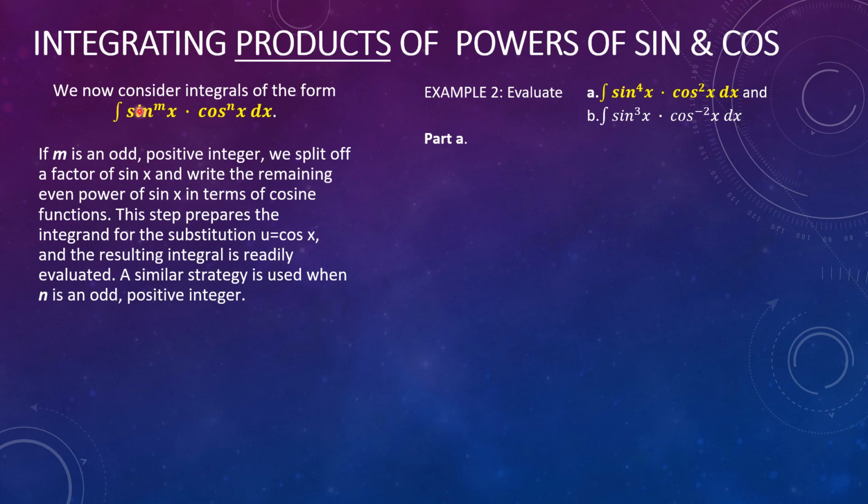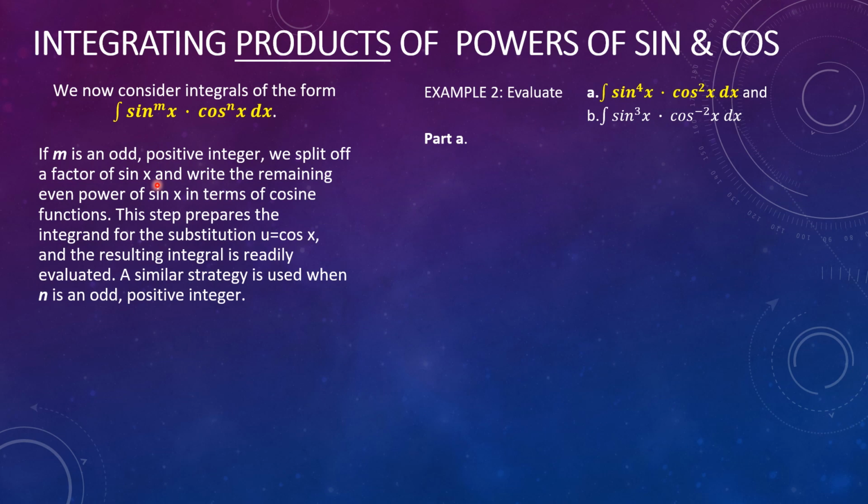This is when we have integrals of the form sine to a power of x times cosine to a power of x. And in this case, we're using m and n to represent those powers. If m is an odd positive integer, we split off a factor of sine x, because that means that the power on sine is odd.